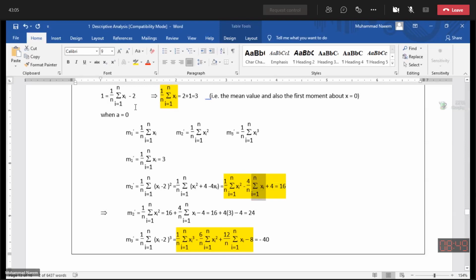This term we have just calculated above, from here. This term together with n is equal to 3.